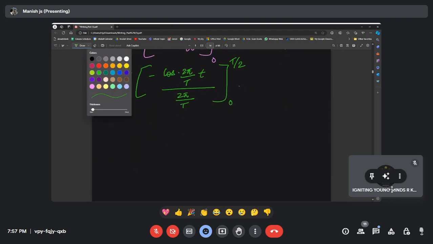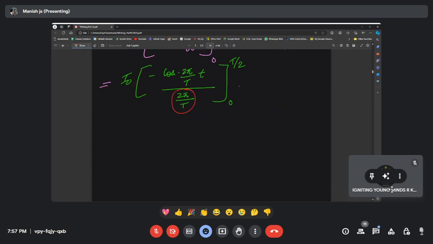Then you can see, children, the term in the denominator gets reciprocal and can be extracted out. So it becomes I naught into T divided by 2 pi. Minus sign is there, don't forget, so I'm putting the minus sign here.